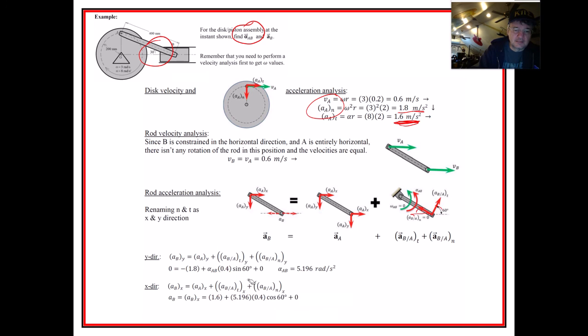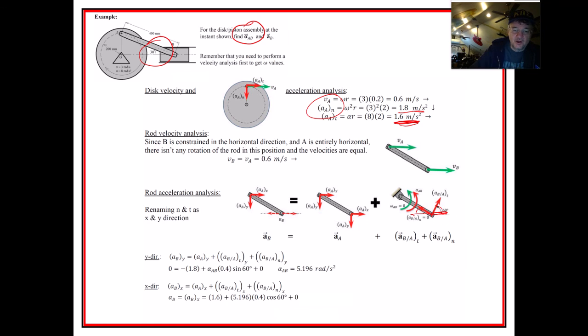We take that angular acceleration that we just found, and we multiply it. So that's alpha r, and then only the component. Now it's going to be the horizontal component of this.